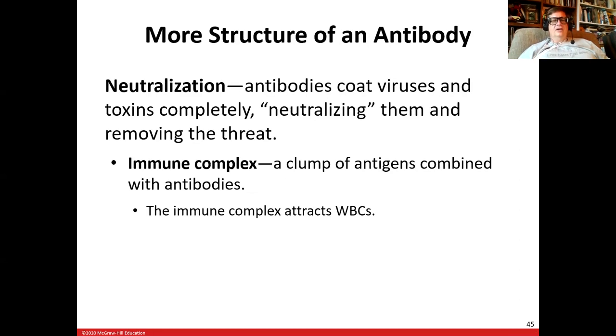Anyway, it says antibodies coat viruses and toxins, completely neutralizing them, removing the threat. Yeah, that's kind of true. An immune complex is antigens combined with antibodies.